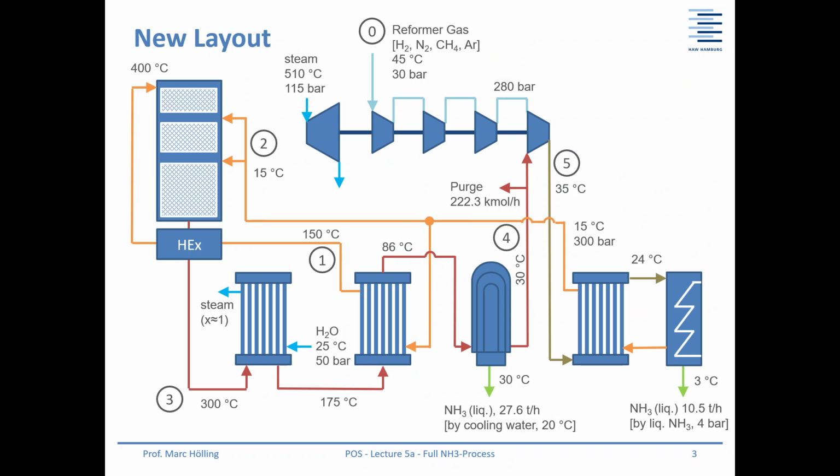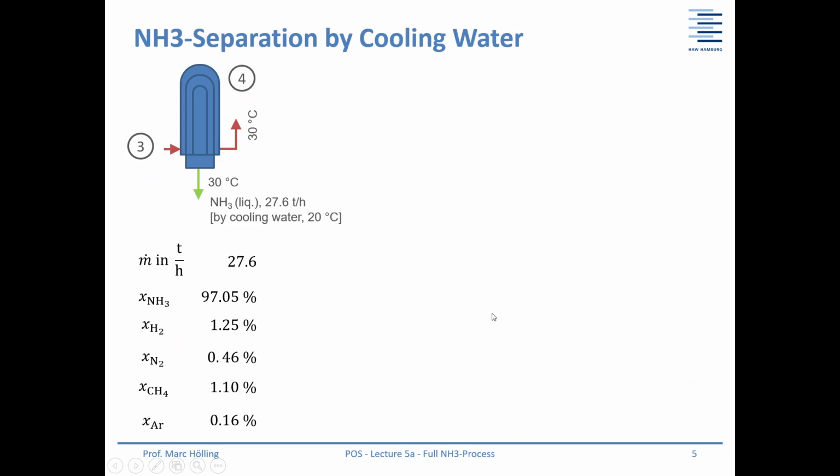Something that's a little bit special is the condenser here. It's also valid for this one, but here I found more data in the literature source. Here I found, okay, the liquid ammonia that is removed from the process is not pure ammonia, but only 97% pure ammonia, and the rest is hydrogen, nitrogen, CH4 and argon, and so on.